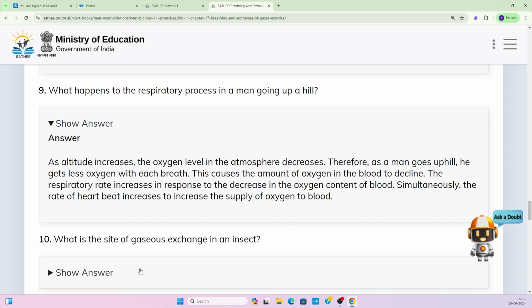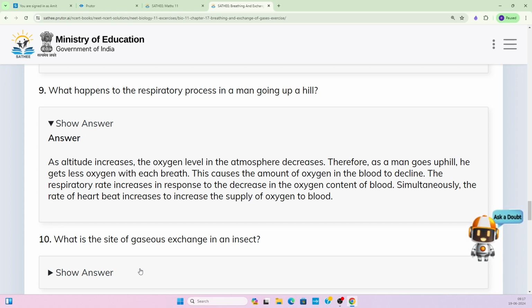This causes the amount of oxygen in the blood to decline. As a result, what will happen? The respiratory rate increases in response to the decrease in the oxygen content of the blood, right? The respiratory rate increases because your demand for oxygen is the same. That cannot be minimized; you require that much oxygen.